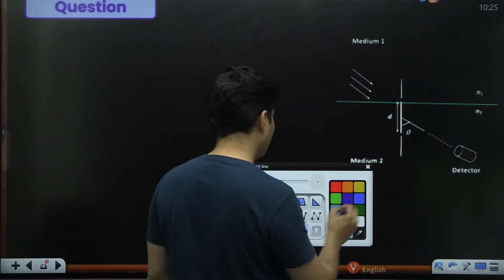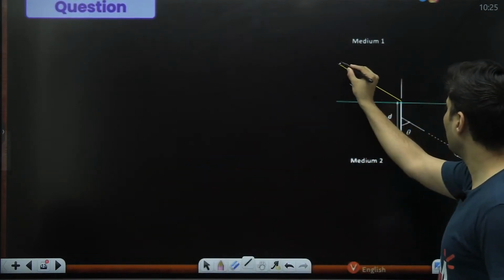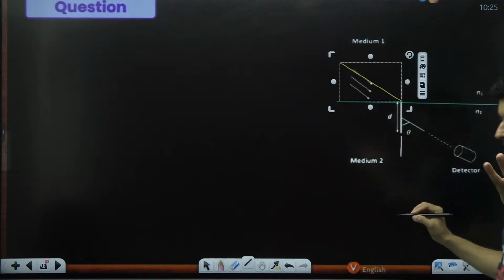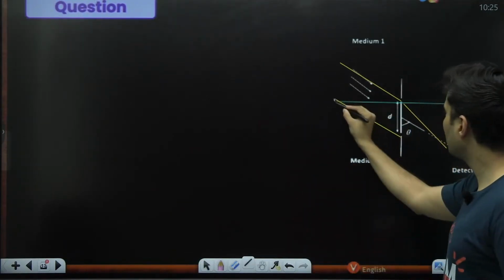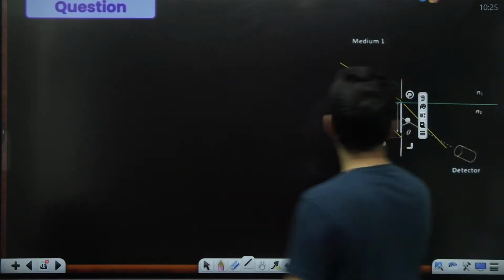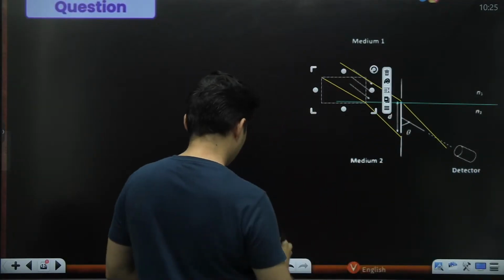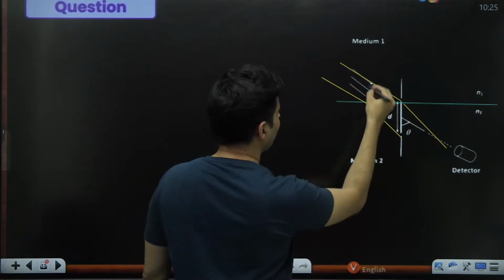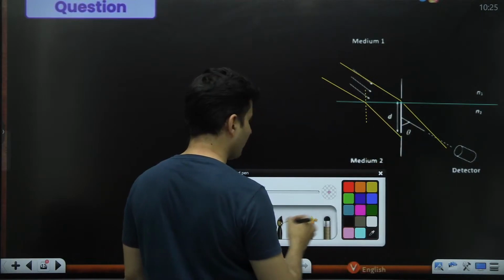Just imagine one of the rays is like this, and let's say it goes particularly like this. It goes like that. And another ray, let's say it comes in this particular manner, and before refraction, it was like this. Let me also draw a perpendicular over here. Perfect, this is good enough for me.